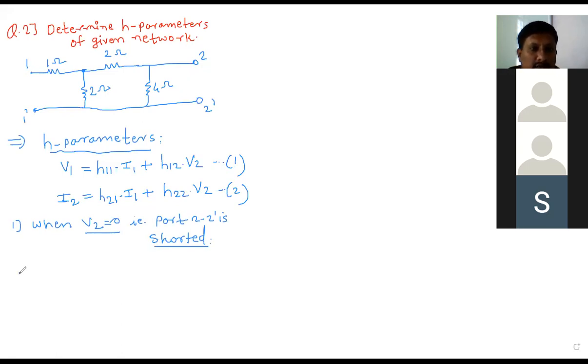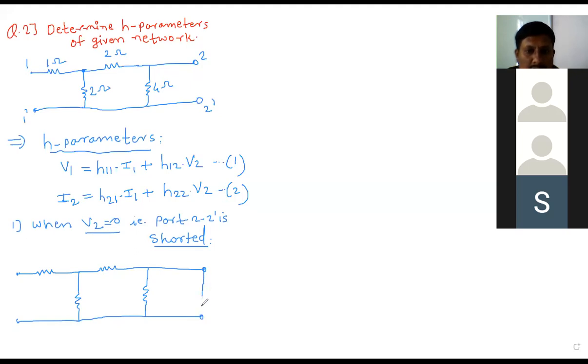Now according to that, we can draw the circuit. So 2 dash we are going to short out. So what about 4 ohm now? It will become open.